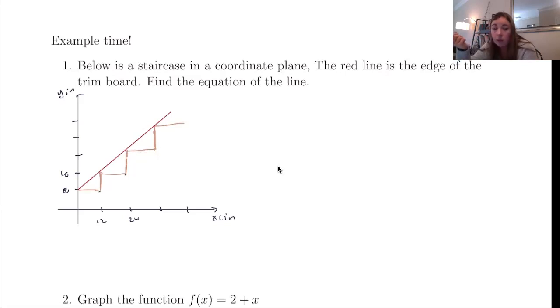So find the equation for the line. Obviously the brown lines, those are the stairs. Those can't be functions. Why can't this stair be a function?